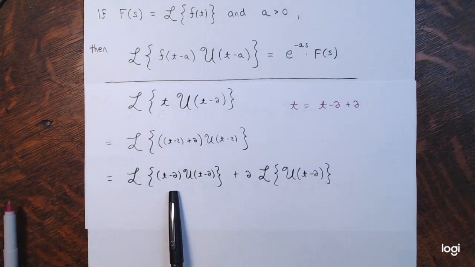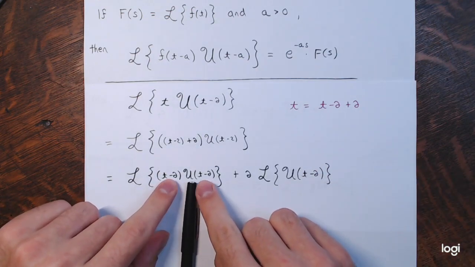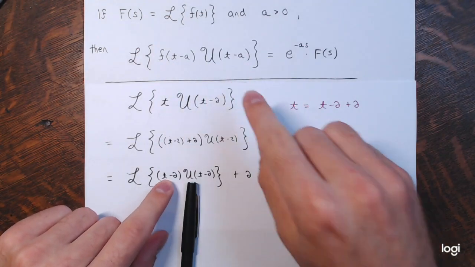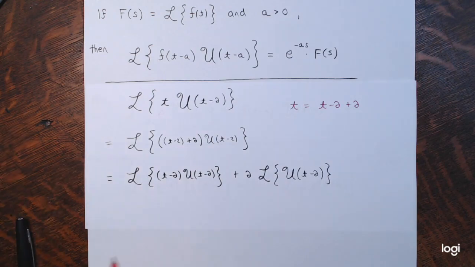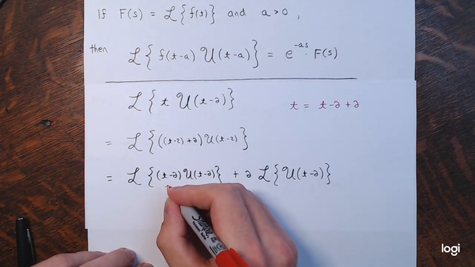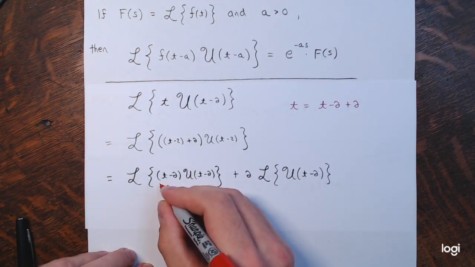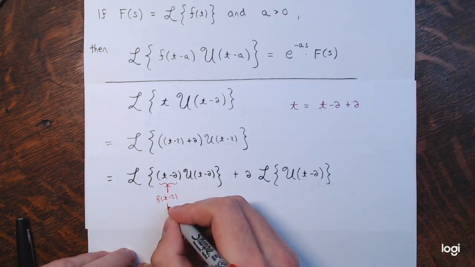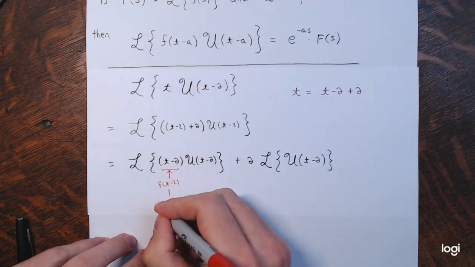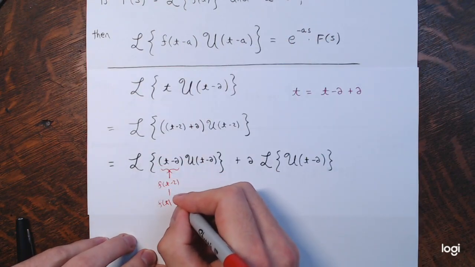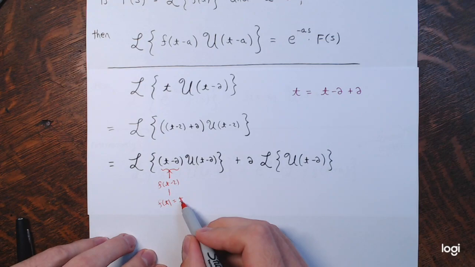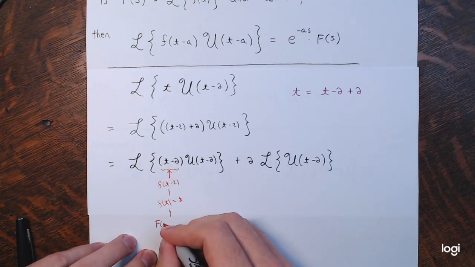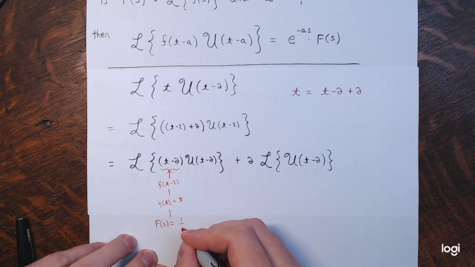All right, now the first Laplace transform here looks like this, where you can think of this function here as f of t minus 2. Well, if this is f of t minus 2, then f of t must just be simply t, right? Because if I replace t with t minus 2, it gives me that. And we know the Laplace transform of t, we saw it already, it's 1 over s squared.